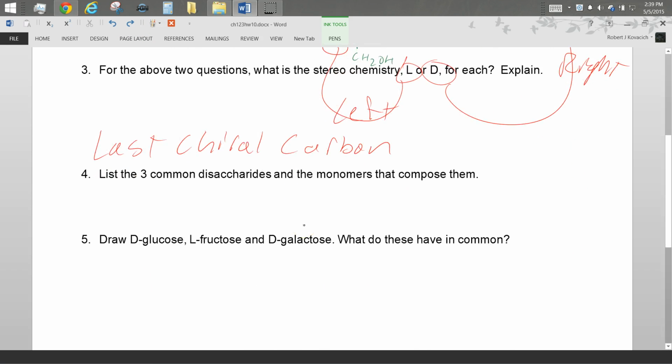Three common disaccharides. So the most common one? Sucrose. And what's it composed of? Glucose and fructose. And the least common? Maltose. Lactose.